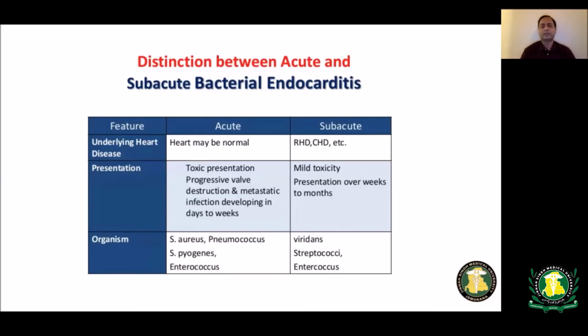Then we think it's most likely acute infective endocarditis due to a very virulent type of bacteria such as Staphylococcus aureus, Enterococcus, or Pneumococcus. If they have a slow, insidious onset of infective endocarditis, it usually involves less virulent organisms such as Streptococcus viridans, and sometimes Enterococcus, but usually Streptococcus viridans, which happens when people have some dental workup done.